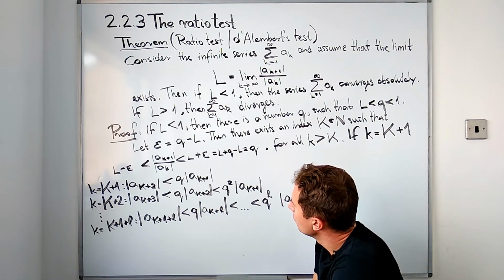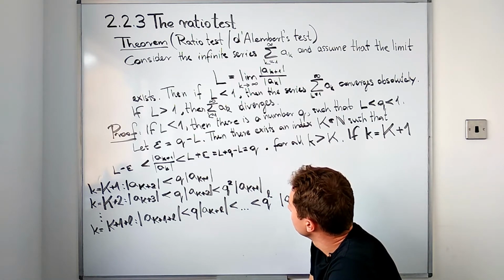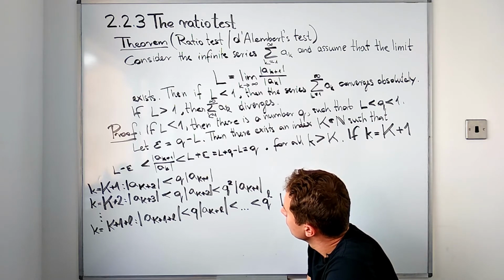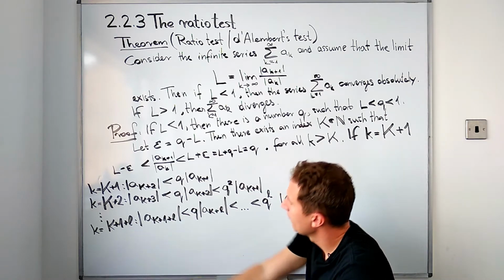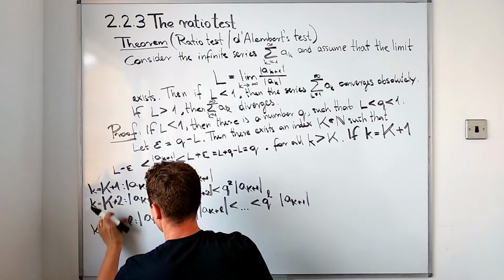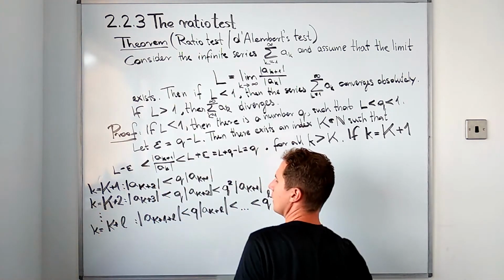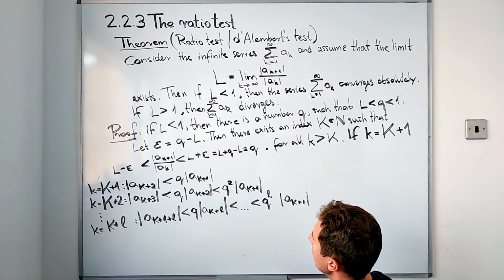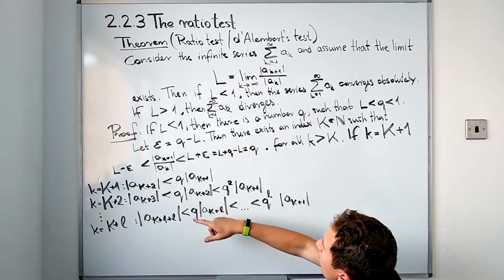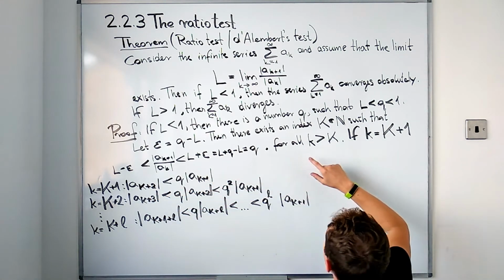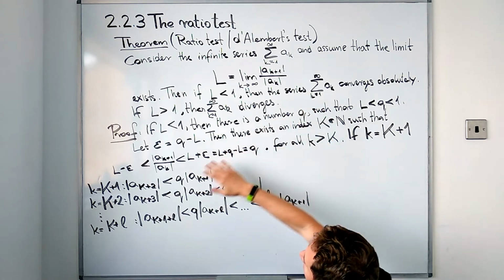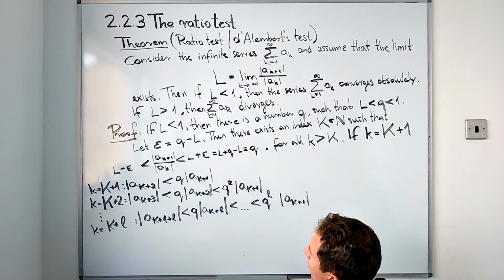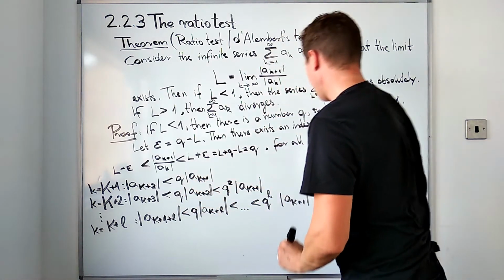If L is equal to, yes, I should have L here. Yes, so these are the inequalities we can give for the terms of our sequence that come after the capital K term.